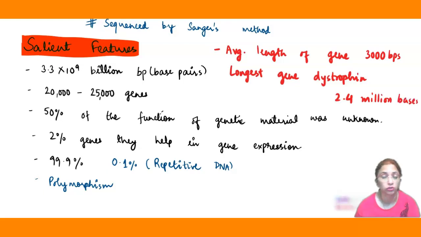This was also the finding of the Human Genome Project, that if you take out a gene, its average length will be 3000 base pairs. But if you talk about the longest gene, which is dystrophin, it had 2.4 million bases, right?